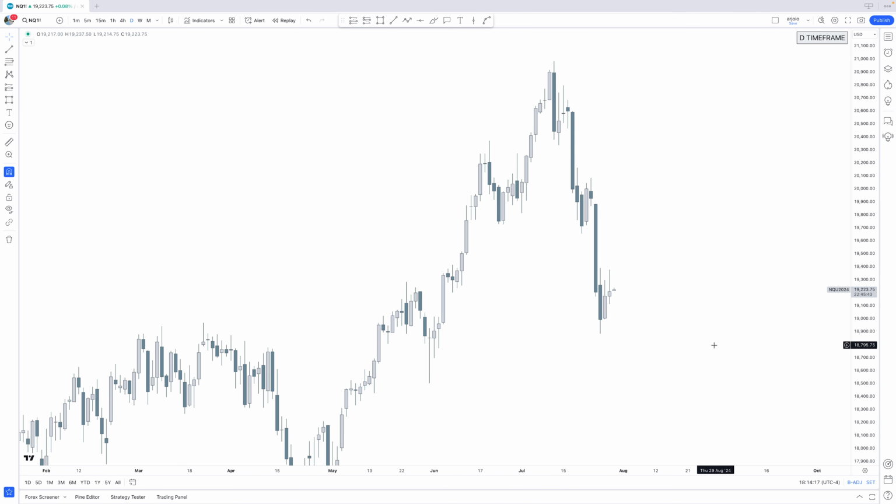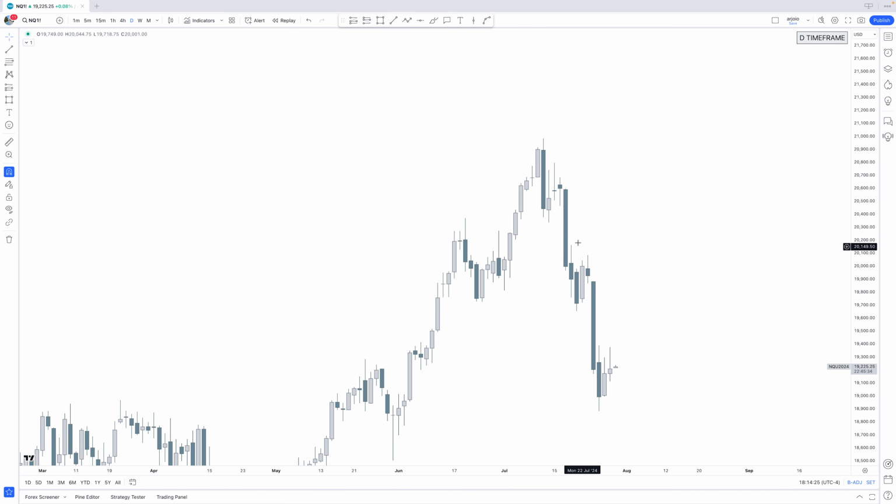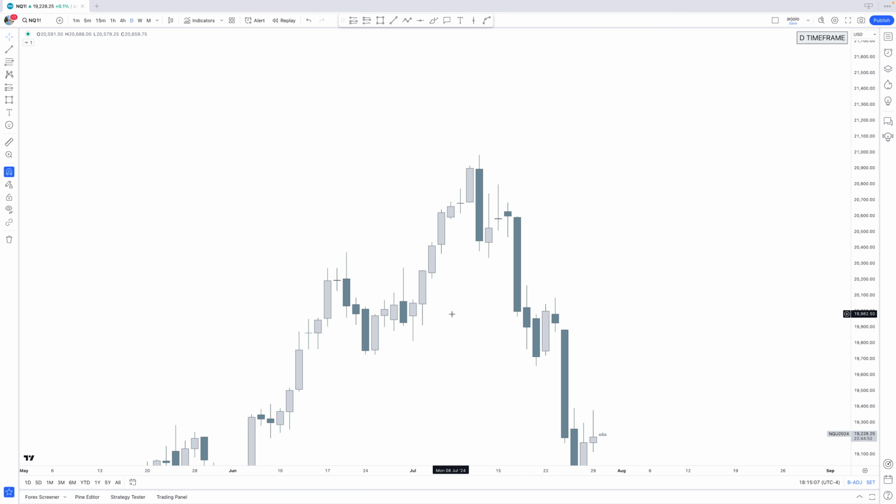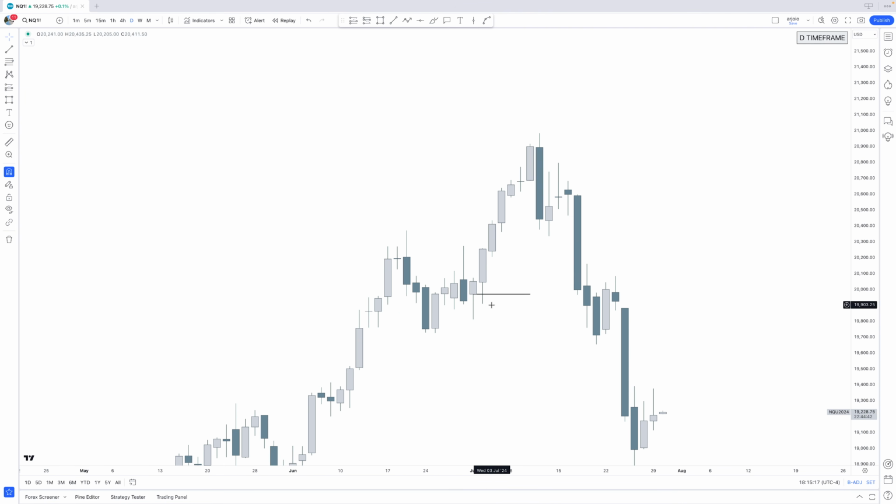Now looking at Nasdaq right here, we can find the exact example where we had those disrespect candles on the left right there. We also have respect candles on the right. So to paint you this full picture, on the daily time frame right here, we have daily order flow lags. We have this candle right there. That is the beginning of the month July.